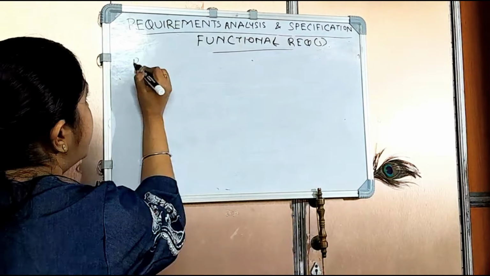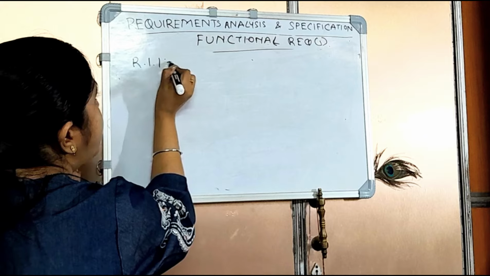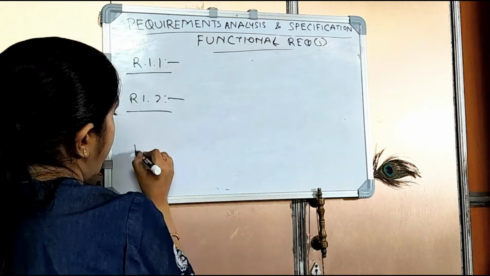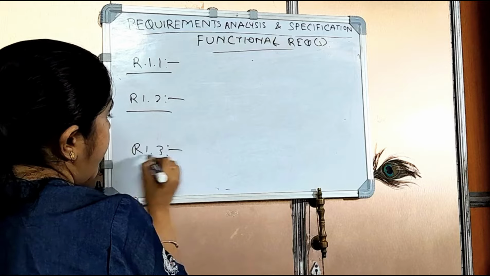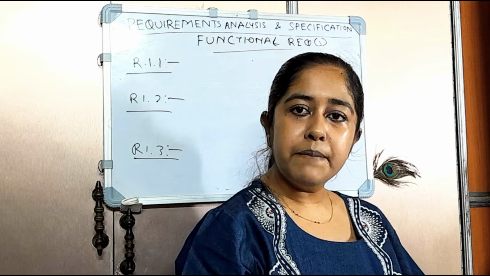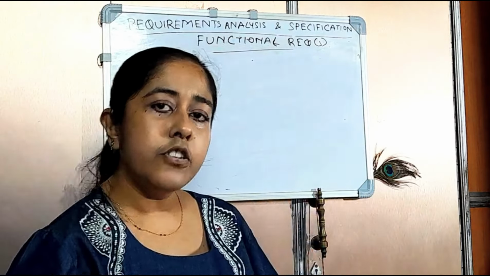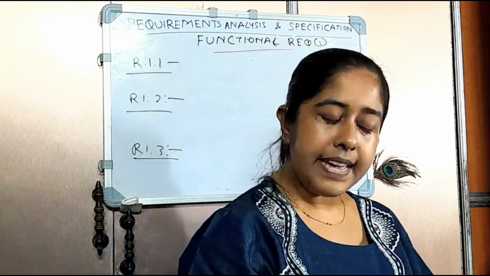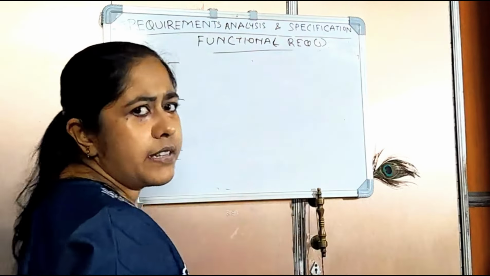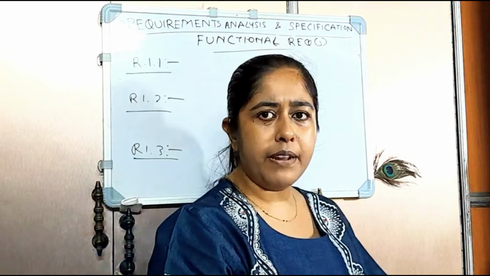So first, requirement 1.1, requirement 1.2, and requirement 1.3. First we have to see many things: the account number, whatever money you are going to get, the type of account, whatever data you need for going to an ATM.